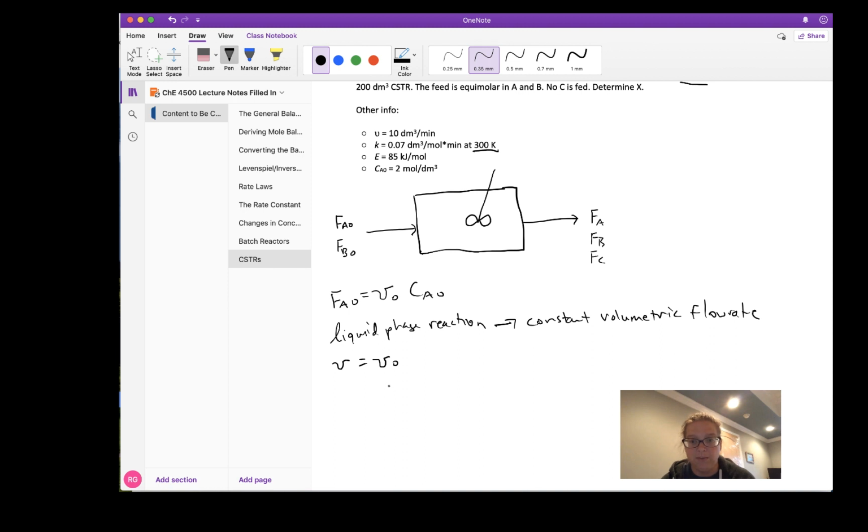And so this means I have enough information to determine my inlet molar flow rate. FA naught is equal to 10 cubic decimeters per minute times CA naught, which is 2 moles per decimeter cubed, which is going to give me 20 moles per minute.